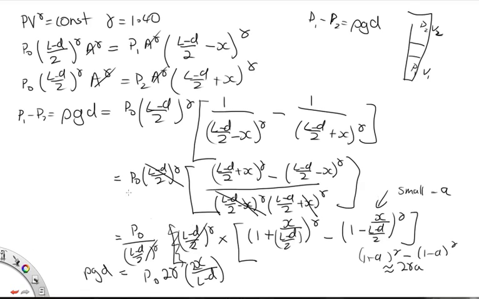So let's start a new page. Okay, so the last line we had rho G D is equal to P naught times 2 gamma times 2x over L minus D. Now what we're trying to find is x, so let's rearrange this.